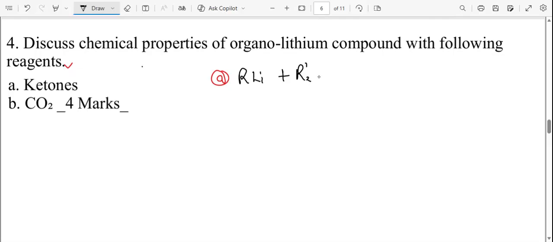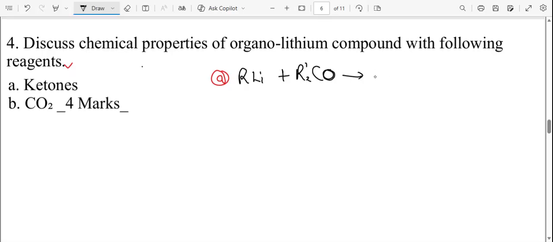So let me just differentiate by writing that. With this ketone, this one is always more reactive, right? So since it's more reactive, it will go react with the more reactive element, which is the oxygen.